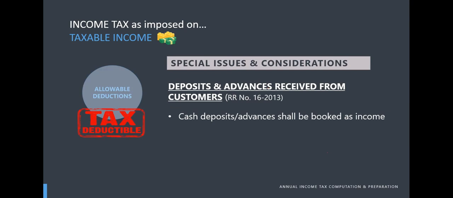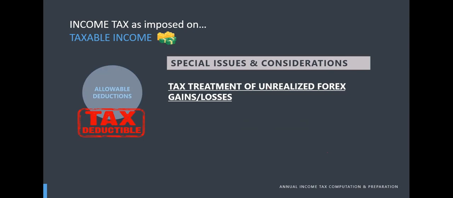Whenever the company has received cash for deposit of something or advances, like advances from suppliers, or advances from customers, I mean, this shall be booked as income already and must be subject to VAT and withholding taxes.